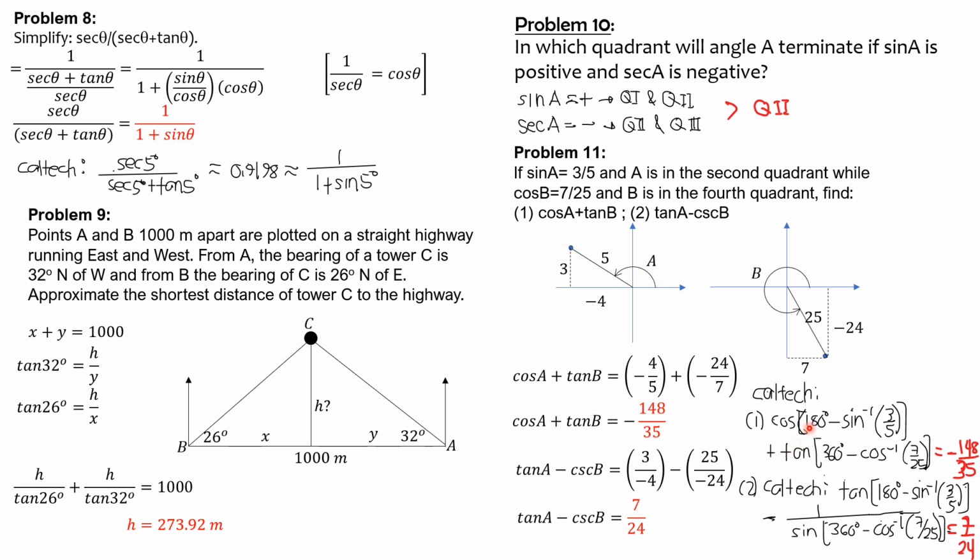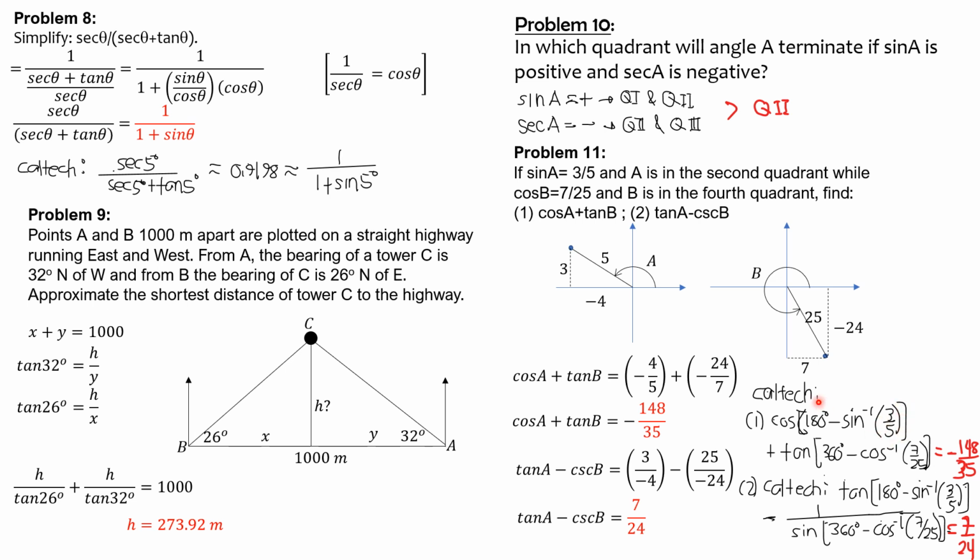So that's why we press in your calculator cosine of A should be 180 degrees minus this angle, and this acute angle is arcsine of 3/5. So it is cosine of quantity 180 minus inverse sine of 3/5.